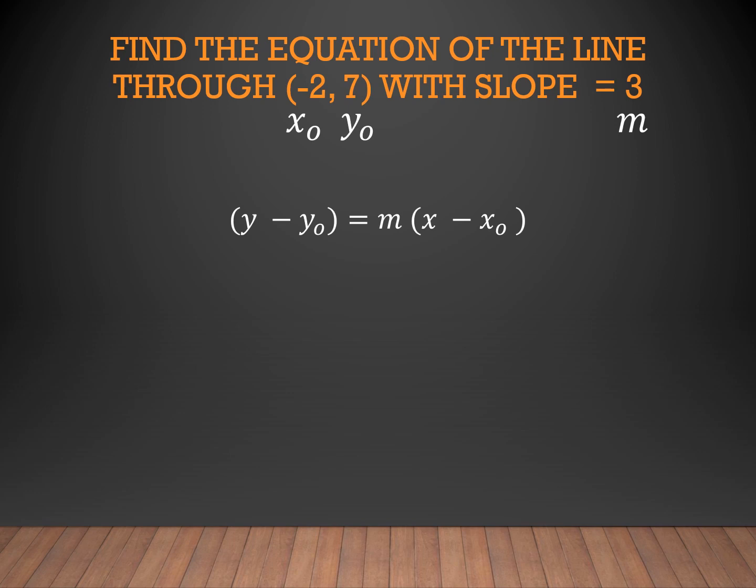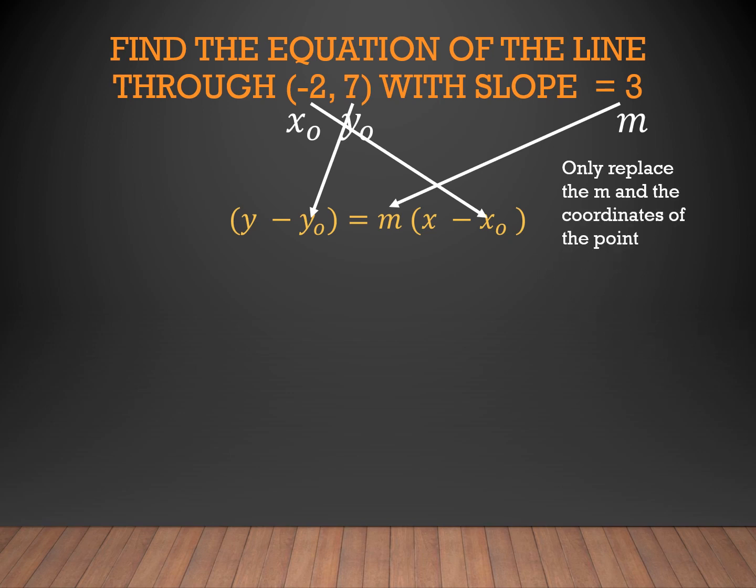Now we're just going to replace the coordinates of the point and the slope in the point-slope formula. If he wants me to write it in point-slope form, that's all it is. I can stop here. But if he wants me to write it in slope-intercept form, I just have to take it one step further.